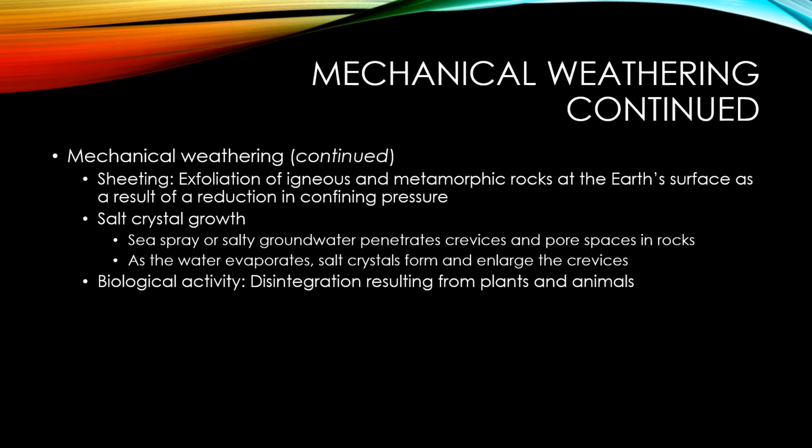It essentially means that when the igneous rock or metamorphic rock formed, it formed deep below the Earth's surface, and so the overlying rock contributed to a fair amount of confining pressure on the igneous or metamorphic rocks that are experiencing sheeting today.